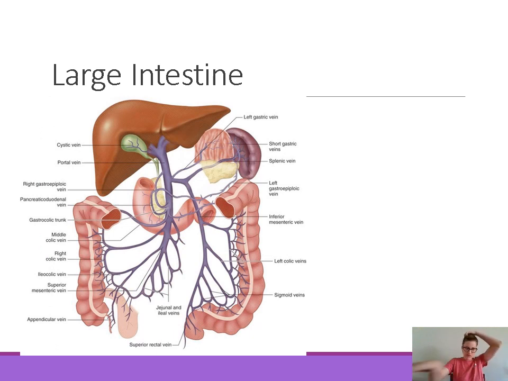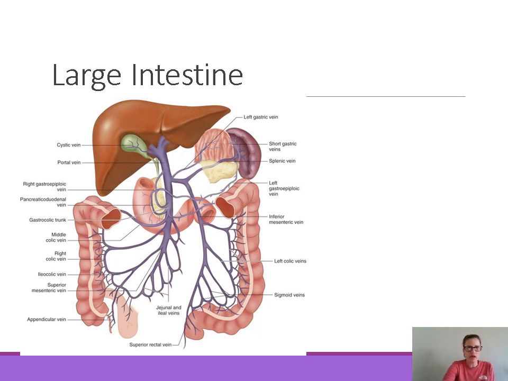This is just showing you venous drainage, which comes from the opposite direction from the intestines. Remember, venous drainage from the GI tract goes through hepatic portal circulation. So just like we saw coming from the cecum and appendix, it's really the same as the arteries, just the opposite direction. Instead of arteries going to it, we've got veins leaving from it.